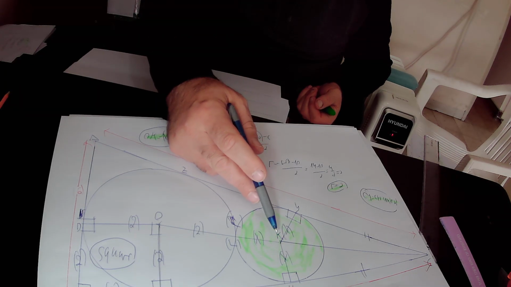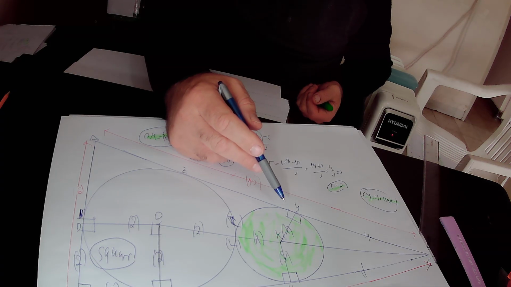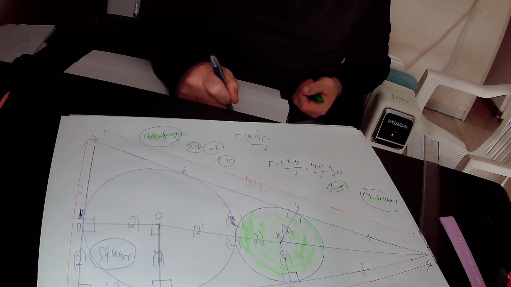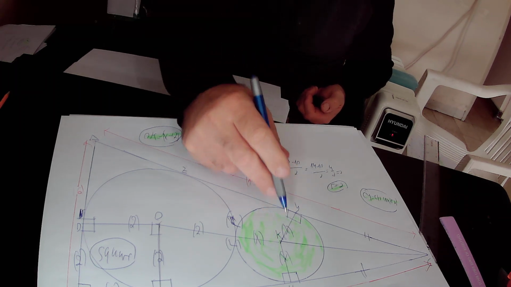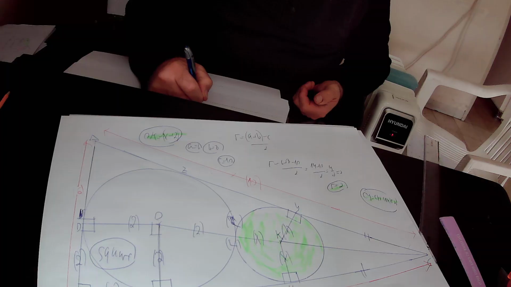YK equals KH. The radius of the green circle is equal to x, and therefore they are equal to each other. So we write down YK equals KH.